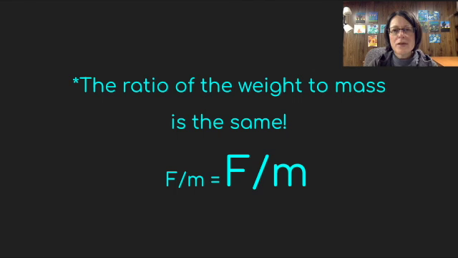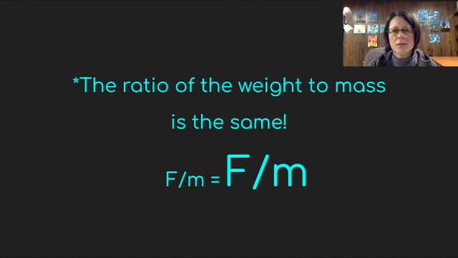He went up the Tower of Pisa, and he dropped two objects. He dropped a larger stone and a smaller stone, and yes, there was a little bit of air resistance, so the larger stone did hit a little bit faster, but it wasn't that much faster.